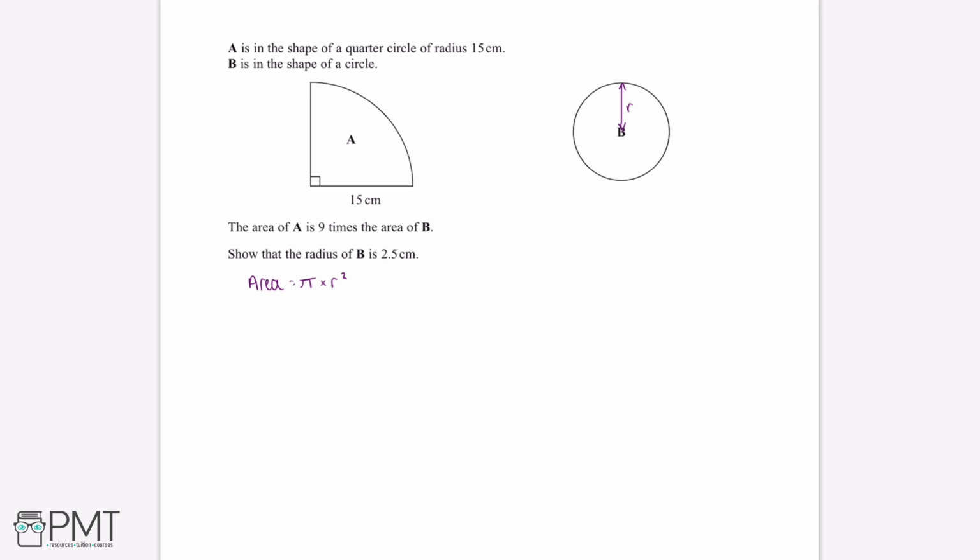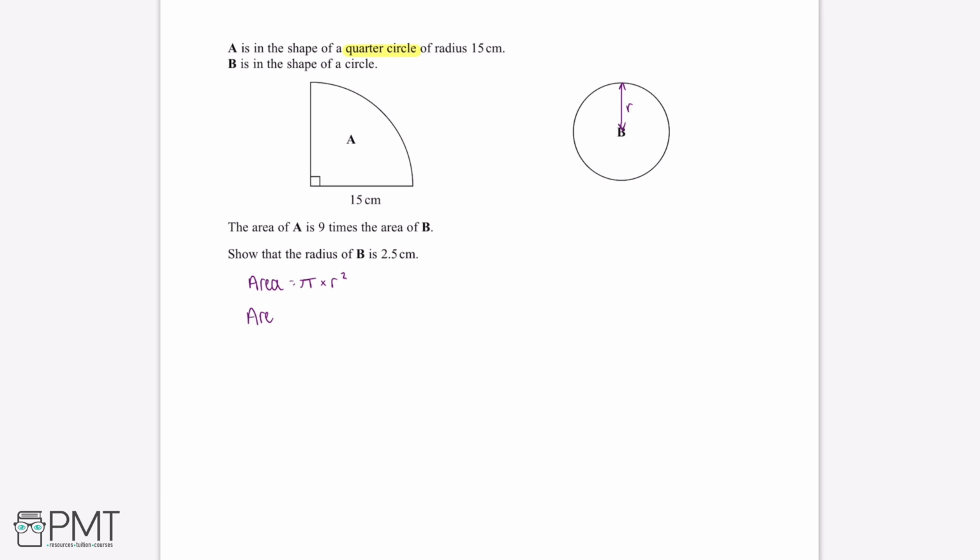Now the area of shape A, in order to work out the area of the full circle we would use pi r squared. However, we are told that shape A is a quarter circle and therefore it will have a quarter of the area of what it would if it was a full circle.